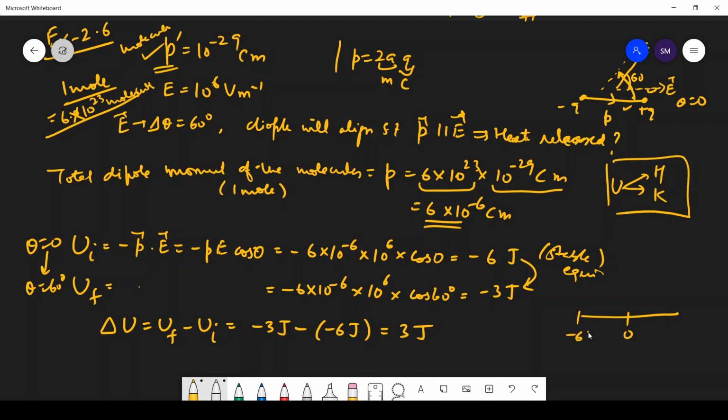This was the energy initially, UI, and this is the final energy, minus 3 joules. So the change is plus 3 joules, so the energy is now higher by 3 joules.